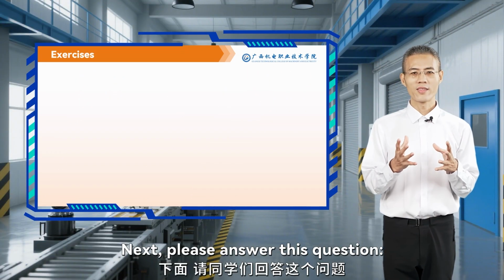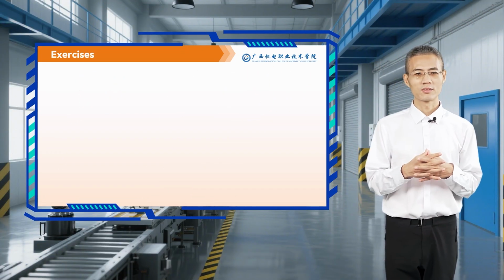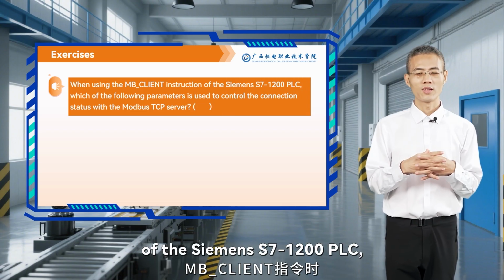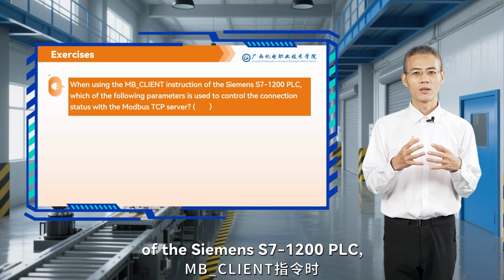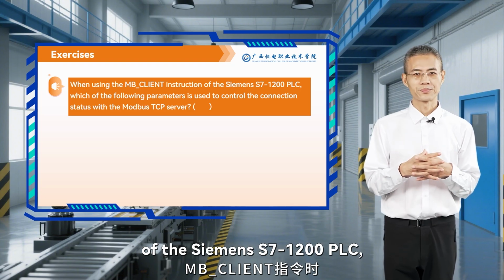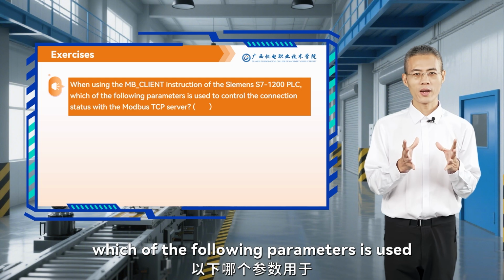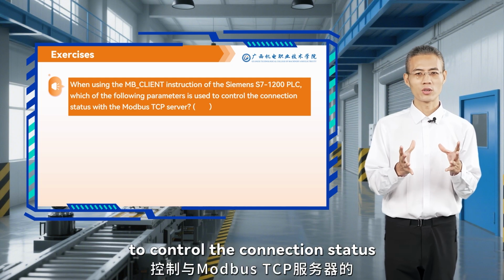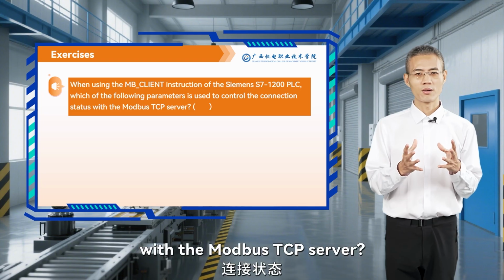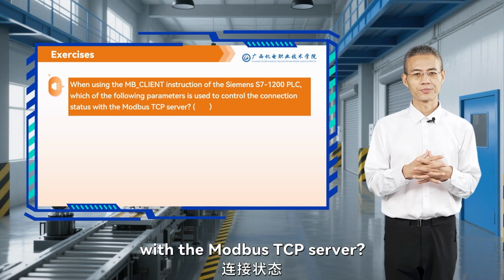Next, please answer this question. When using the MB client instruction of the Siemens S7-1200 PLC, which of the following parameters is used to control the connection state with the Modbus TCP server?